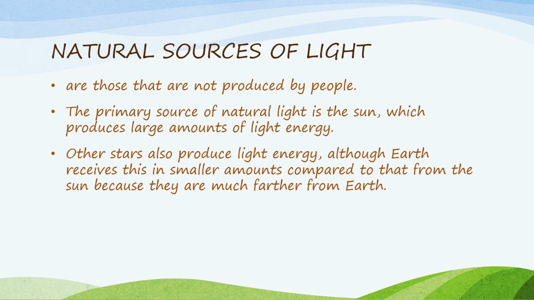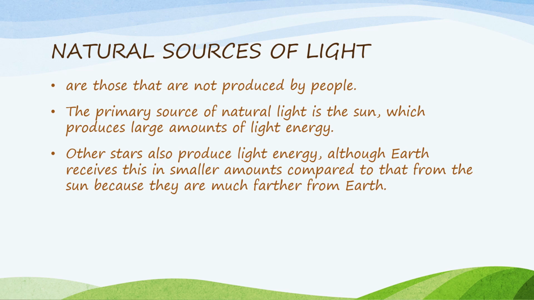Other stars also produce light energy, although Earth receives this in smaller amounts compared to that from the sun because they are much farther from the Earth. So, ibig sabihin, ang stars ay nagpo-produce din ng light, kaso nga lang hindi siya masyadong umaabot sa Earth.